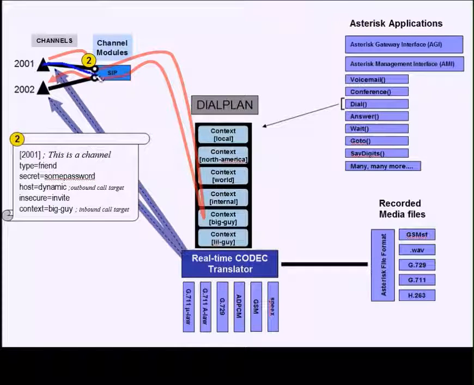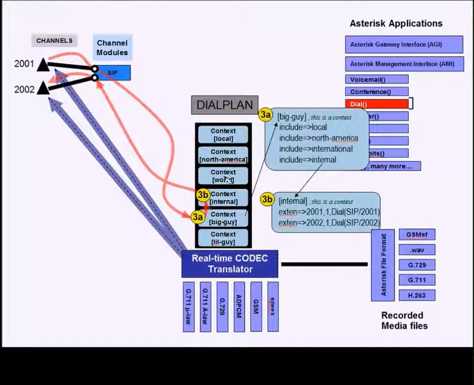Notice that on inbound calls to a SIP channel, the context will steer any inbound traffic to this channel to the context big guy, where the context big guy includes a lot of other contexts that may process, where we see local, North America, international, actually I think I called that world up above.